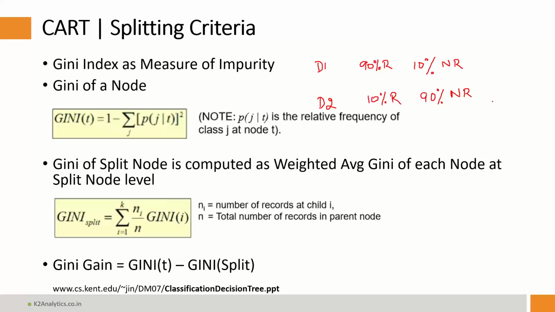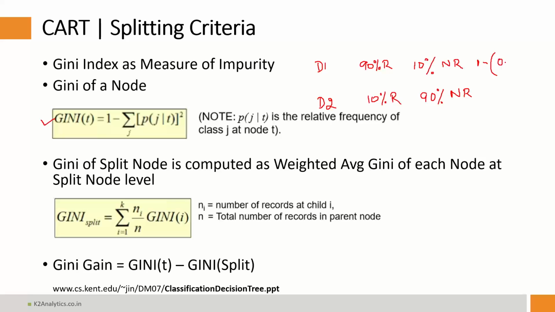The Gini formula, as you can see here, is 1 minus the summation of the proportion of each class at a given node level, squared. So if I have to compute the Gini for node D1, the formula is 1 minus the proportion of each class squared.